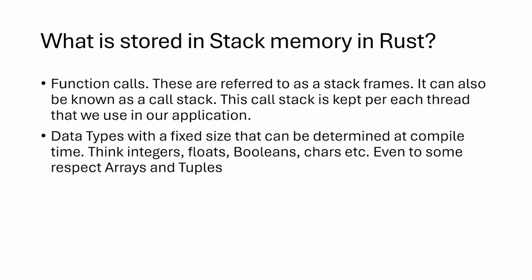Think of your integers, where you can predict the number of bytes it's going to be at compile time. Think of your floats, which can also be determined at compile time, i.e. it's either 32 or 64 bit, and usually defined so. Booleans have a fixed size. Chars, even though it's a Unicode character, also have a fixed size. And even to some respect, what we've seen so far, some arrays and tuples.